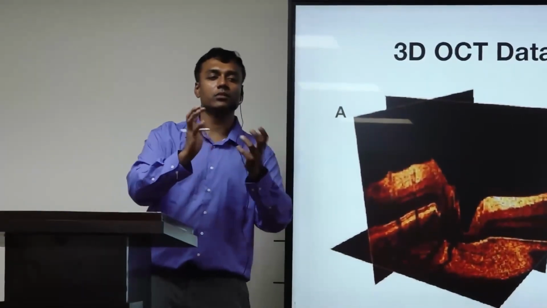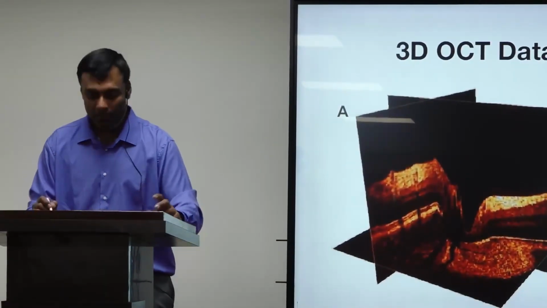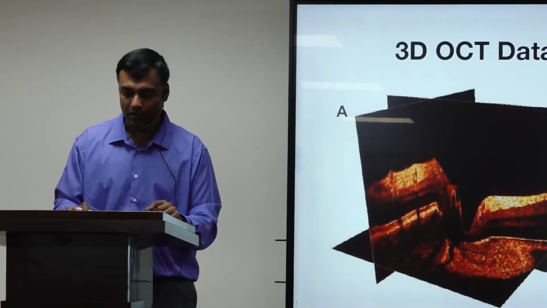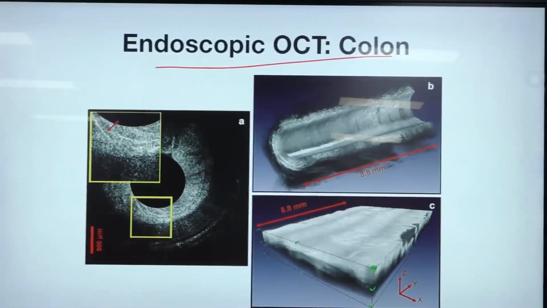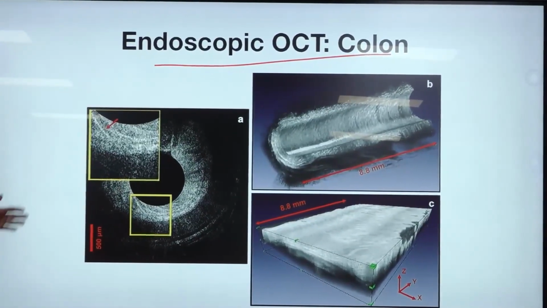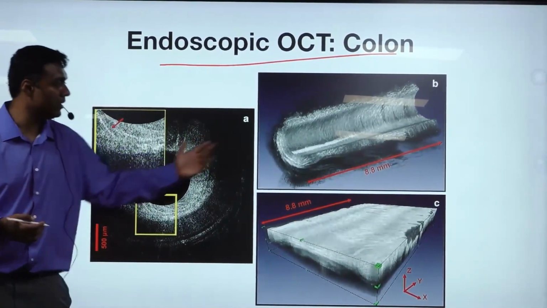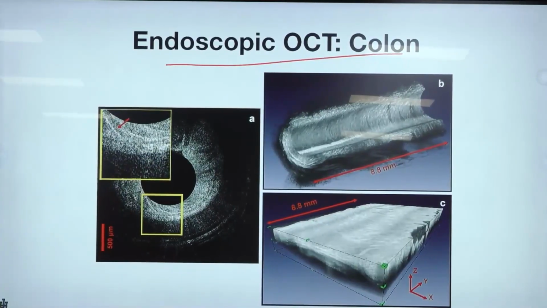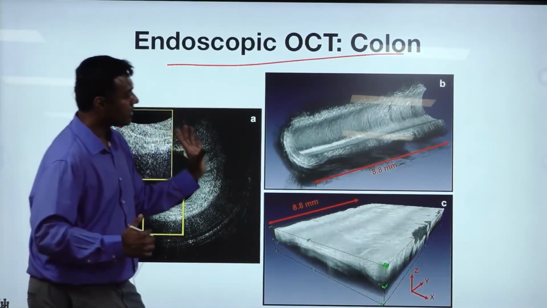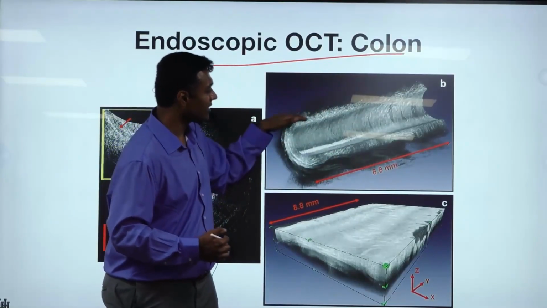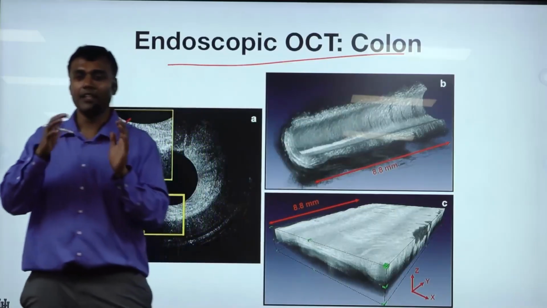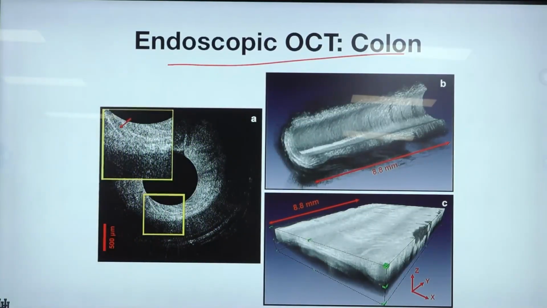It helps us visualize data much better. For example, for colon cancer or endoscopic OCT of the colon, it's a tubular structure, right? So you take a cross section this way and you can see different structures in 3D in a much nicer way using this kind of 3D visualization.